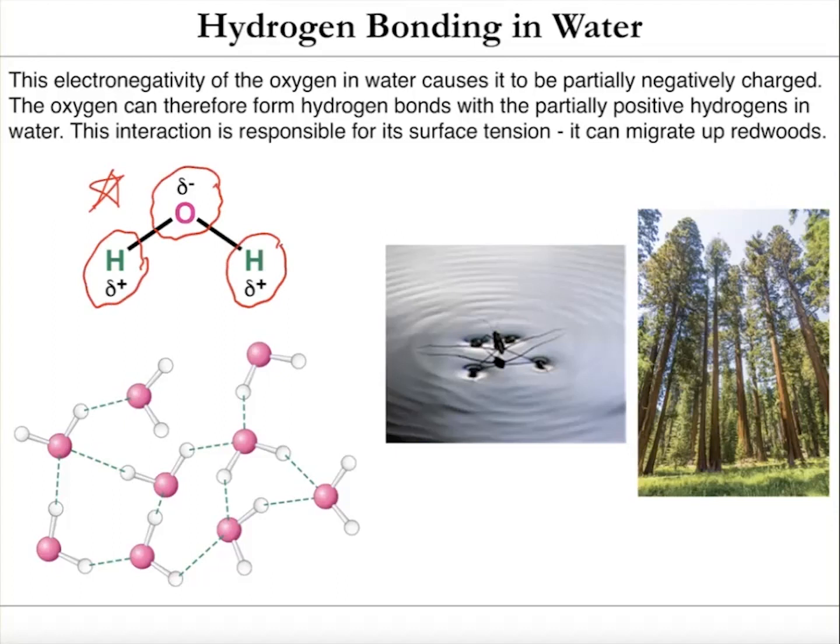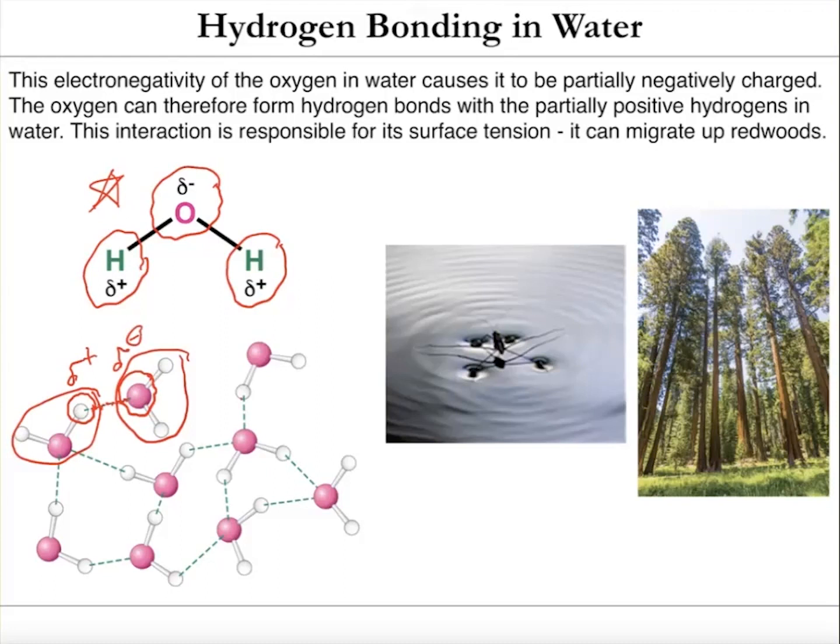Well, this negative charge on this oxygen atom can therefore form weak bonds with this partial positive charge on the hydrogen of another water molecule. So these are two different water molecules. This is a partial positive charge, this has a partial negative charge, and that allows them to interact with each other because positive charges are attracted to negative charges.